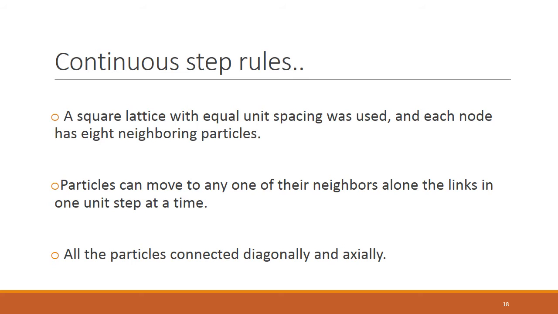So I'm repeating here: a particle can move to any neighboring atom along the links in one unit step at a time. So at t equals 1, 2, or 3, it's going to move in one direction only. And the particles are connected diagonally and axially, because particles 2, 3, 4 are connected axially, and 6, 7, 8, 9 are connected diagonally.